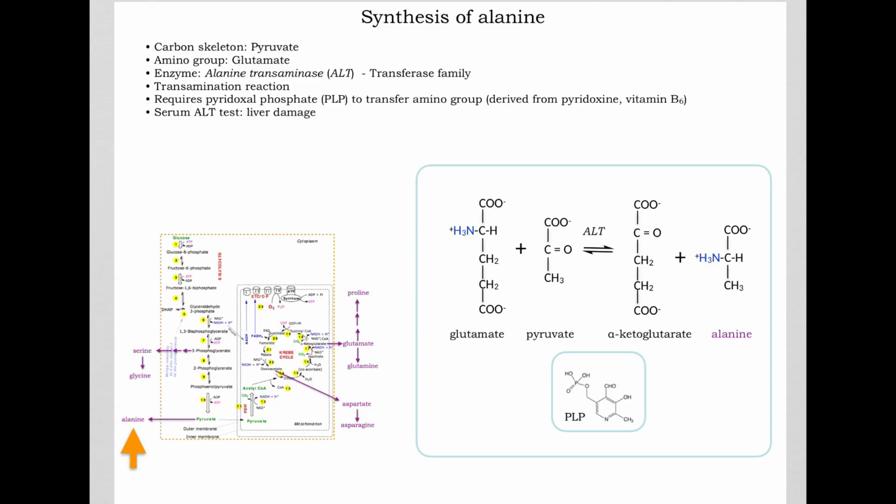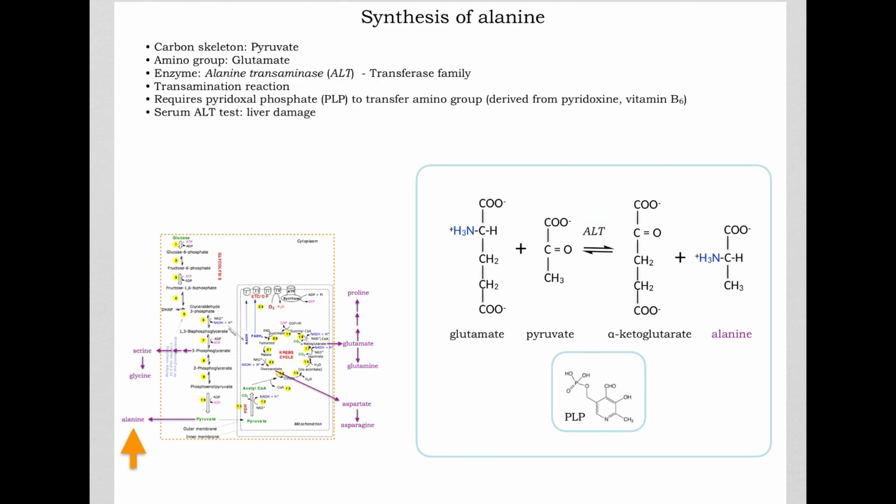This reaction, the synthesis of alanine, is catalyzed by the enzyme alanine transaminase. This is a transaminase enzyme, which is part of the transferase family, and this reaction is called a transamination reaction.